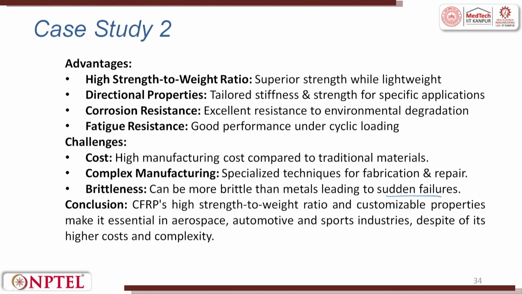Conclusion: CFRP's high strength to weight ratio and customizable property makes it essential in aerospace, automotive, sports industries despite its higher cost and complexity. So, the manufacturing processing is difficult. In order to get a good quality output, the cost of the material is high, but looking at the advantage of the properties it displays, people use this material extensively.